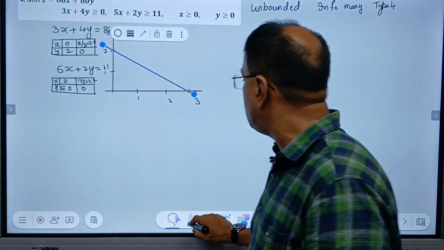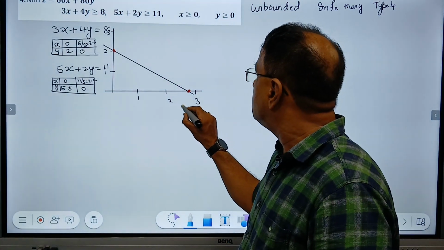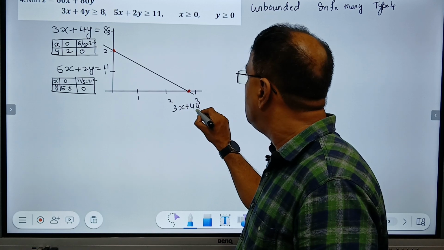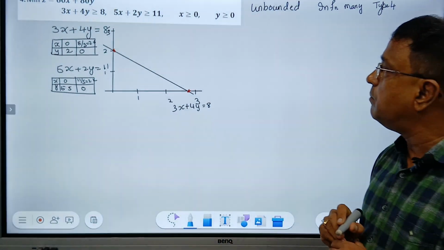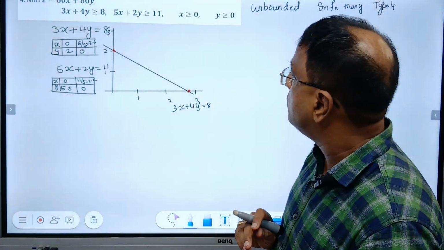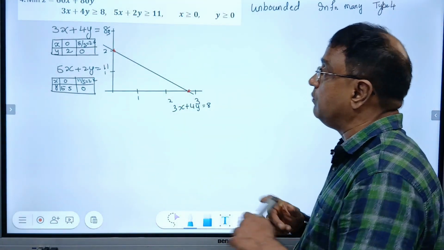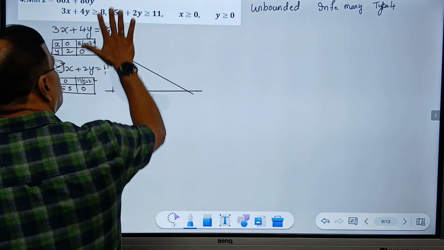Okay, so what is the equation? The equation should be 3x plus 4y equal to 8. The next one will be 0 comma 5.5. Oh my god, I have to draw 5.5, I didn't see it properly, so I will rework on this entire thing.